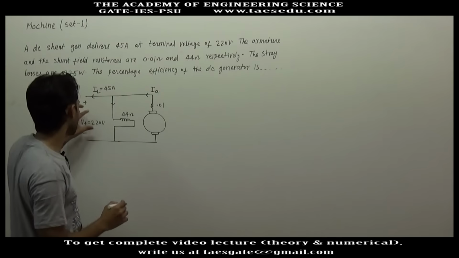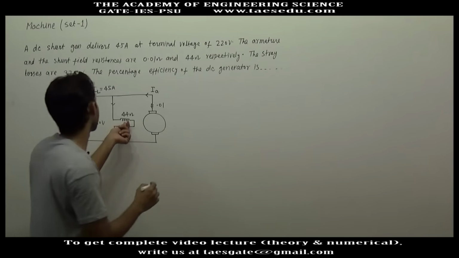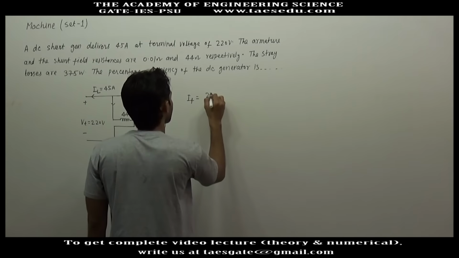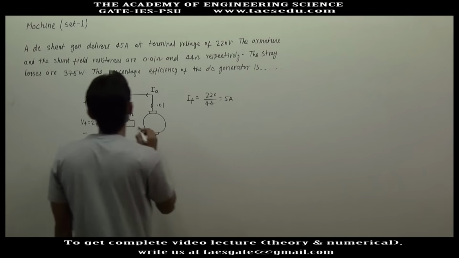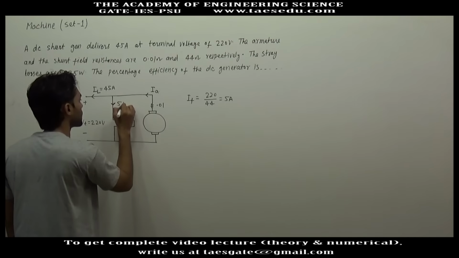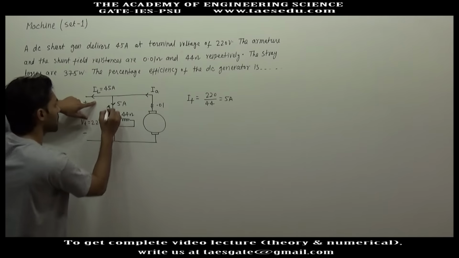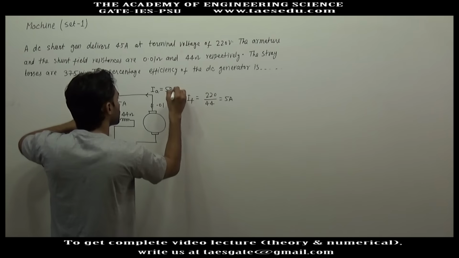Field current will be this voltage divided by the resistance of the field winding, 220 volt divided by 44, which is 5 ampere. This current is 5 ampere. Load current is 45, field current is 5, so armature current will be 50 ampere.